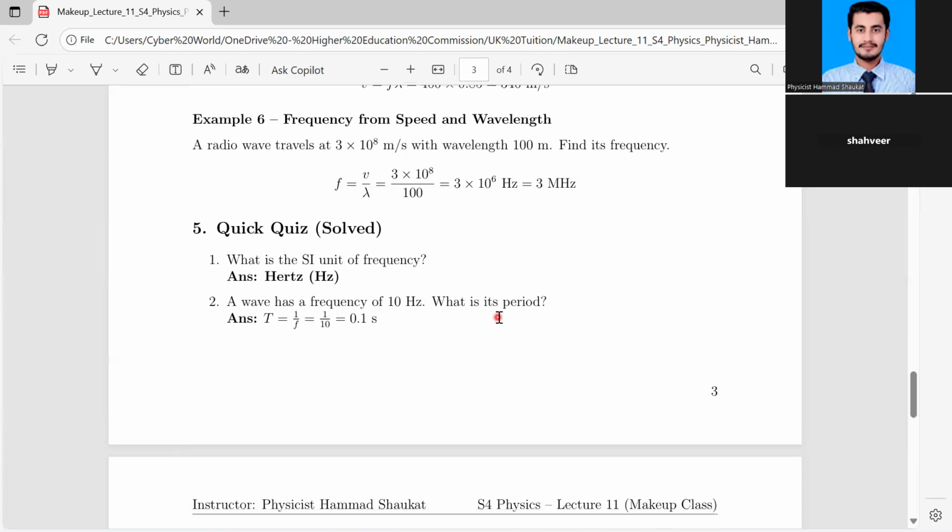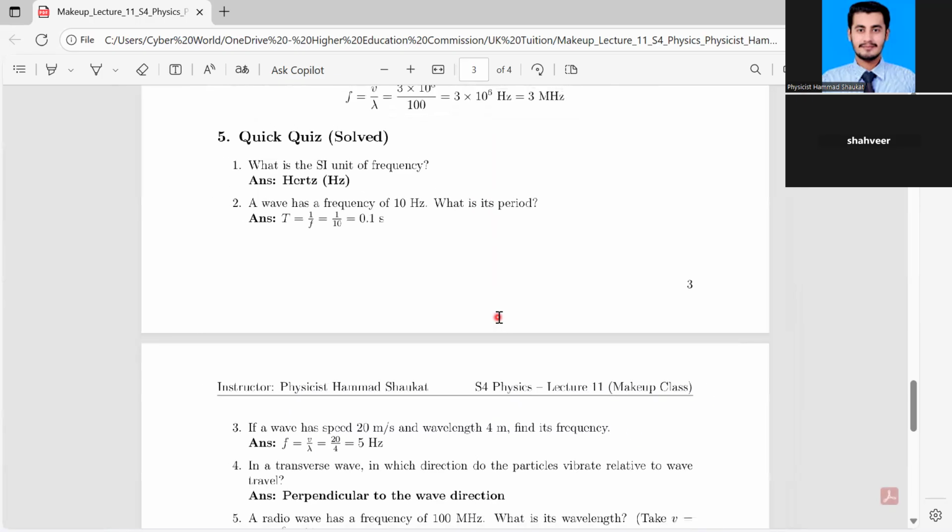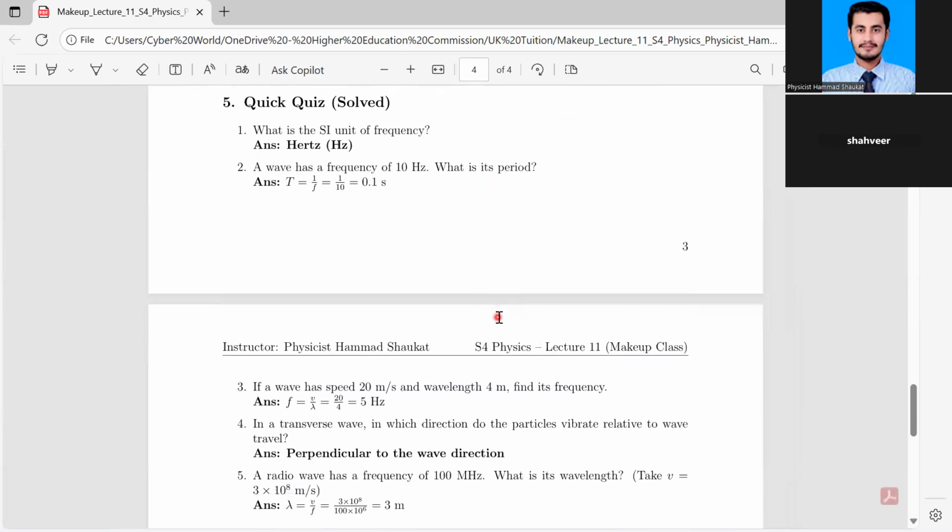Okay, so quick quiz for you. Can you tell me what is the SI unit for frequency? Hertz. Good. If a wave has a frequency of 10 hertz, what is its period? 0.1 seconds. Yes, good.